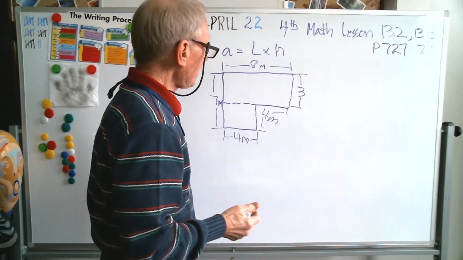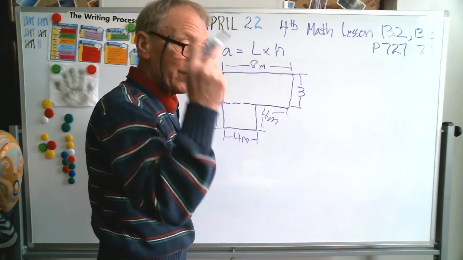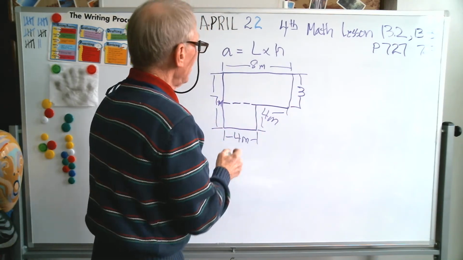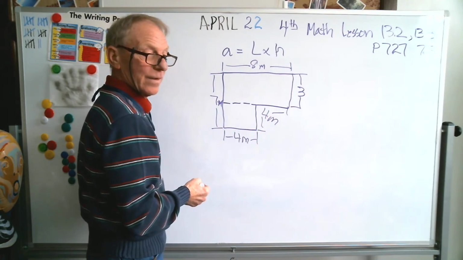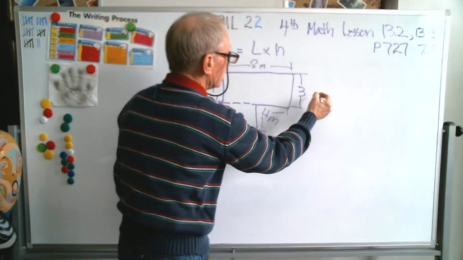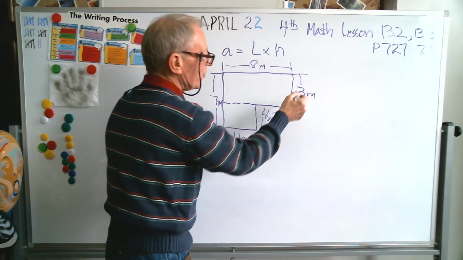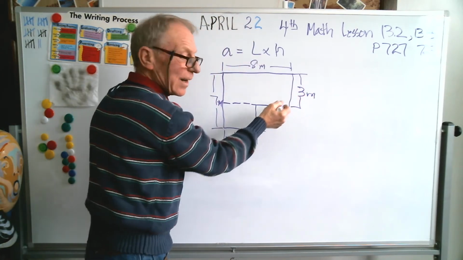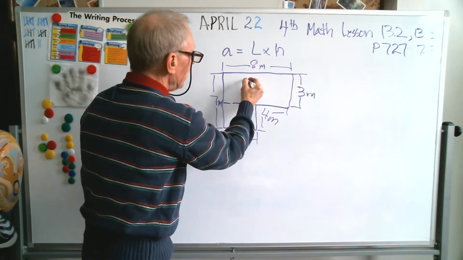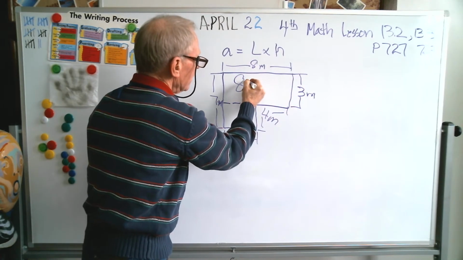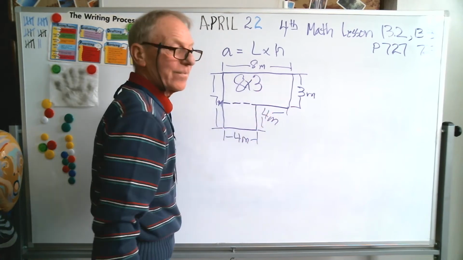Now, you have to be smart enough to sort out the numbers. We know that it's 8 meters in its length, and it's 3 meters. It tells you right here that this is 3 meters. So this is going to be 8 times 3.